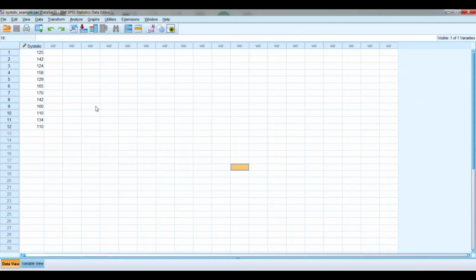And lastly, the one we're going to demo today, which is somewhat more rare, is the t-test for single samples. Here we're looking at one group of data compared to a known value or a reference value.